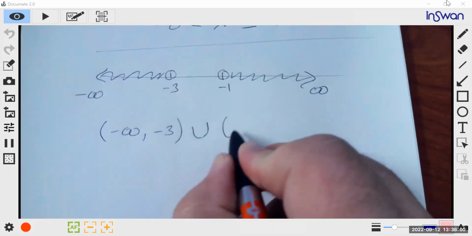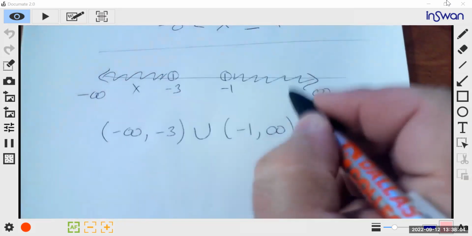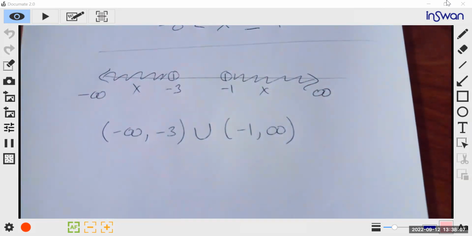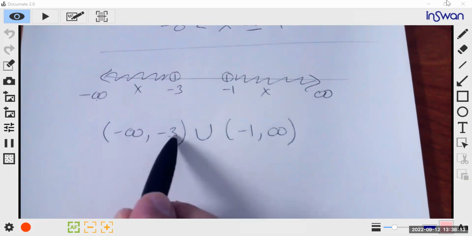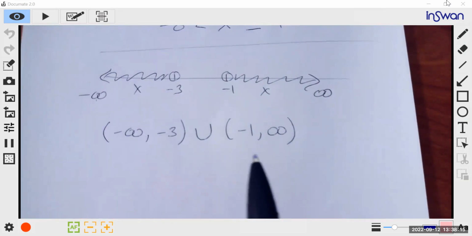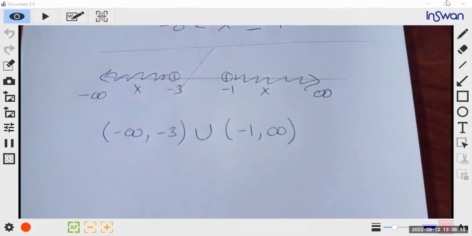Unioned with. Because these are my x values, I can choose. It has to be between negative infinity and -3. The only values I cannot use are any of these between -3 and -1.